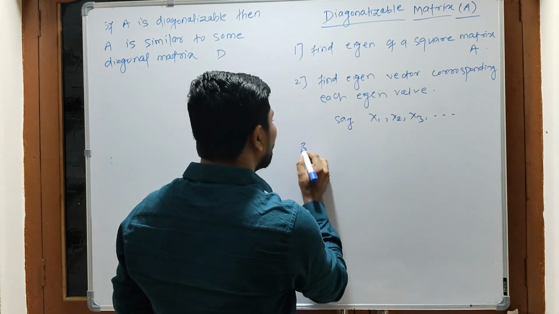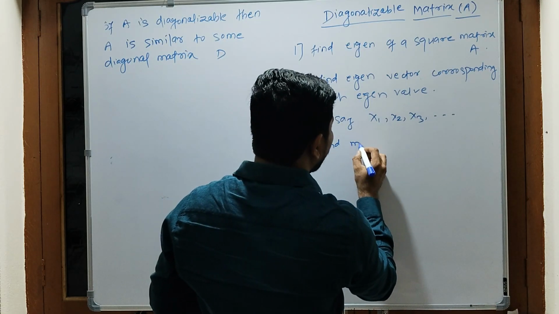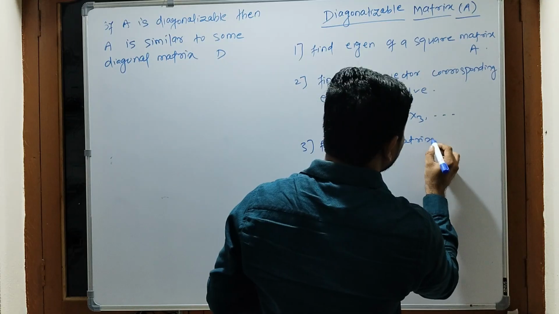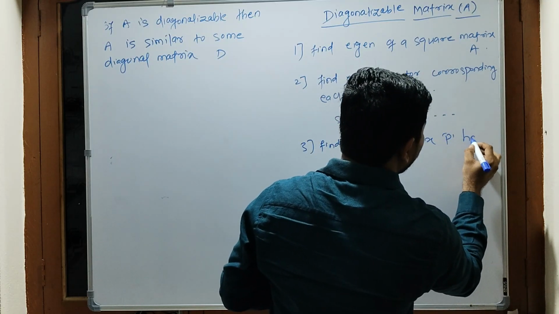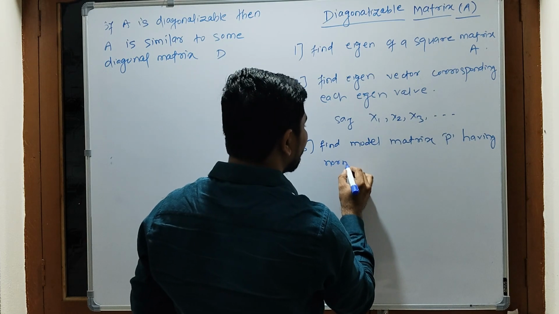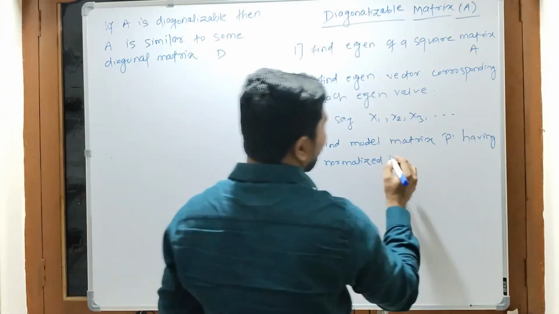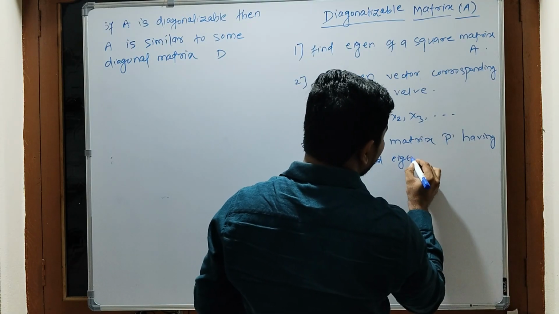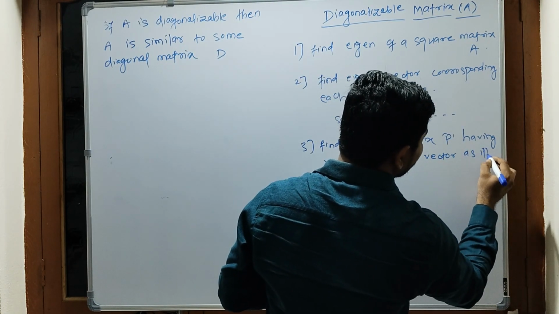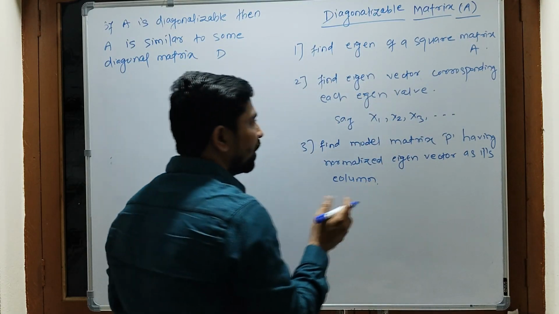So here the third rule is: find the modal matrix P having normalized eigenvectors as its columns.